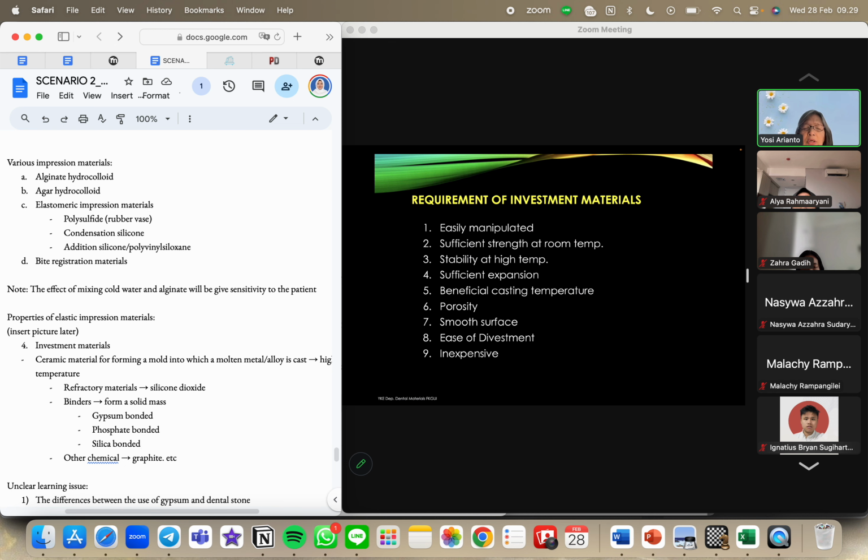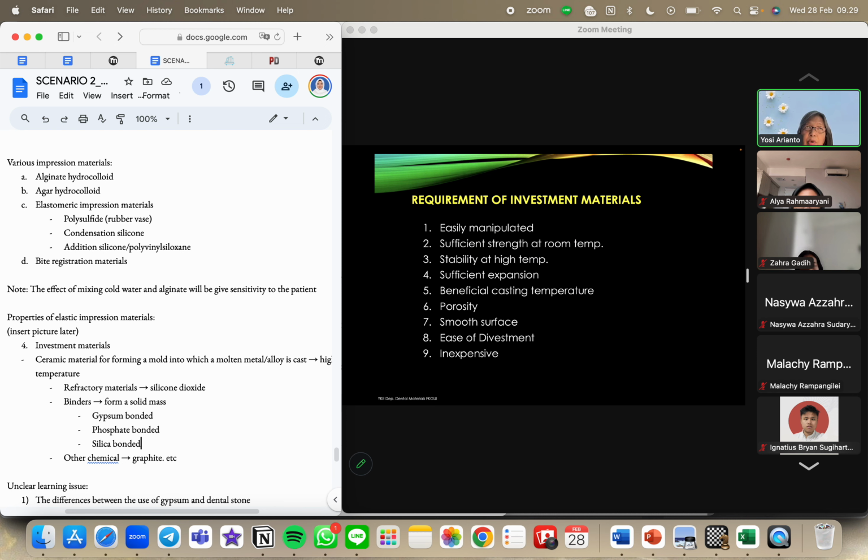Depends on the metals that we are going to use, and it should also be beneficial for the casting temperature. They should have porosity so that the gas will be allowed to evolve, and they have a smooth surface, easy to divest.